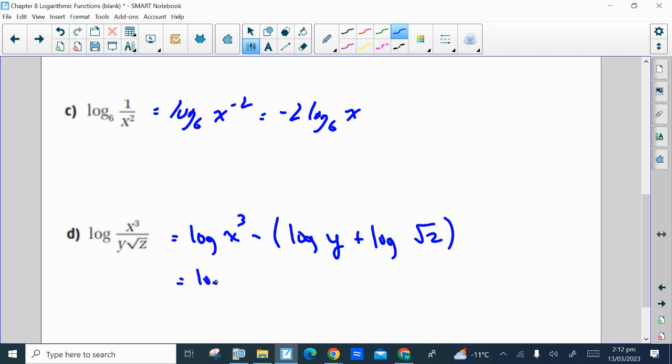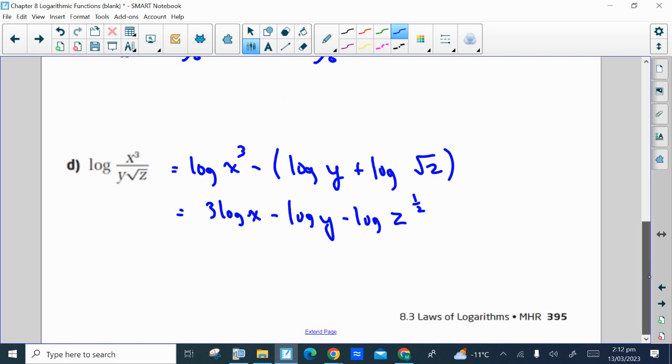If you remove the brackets, that would change all the signs inside. I guess the other thing we can do here is use the power law. That first term would become 3 log x minus log y minus the log of z to the power 1/2, and then the 1/2 can come in front as a coefficient.